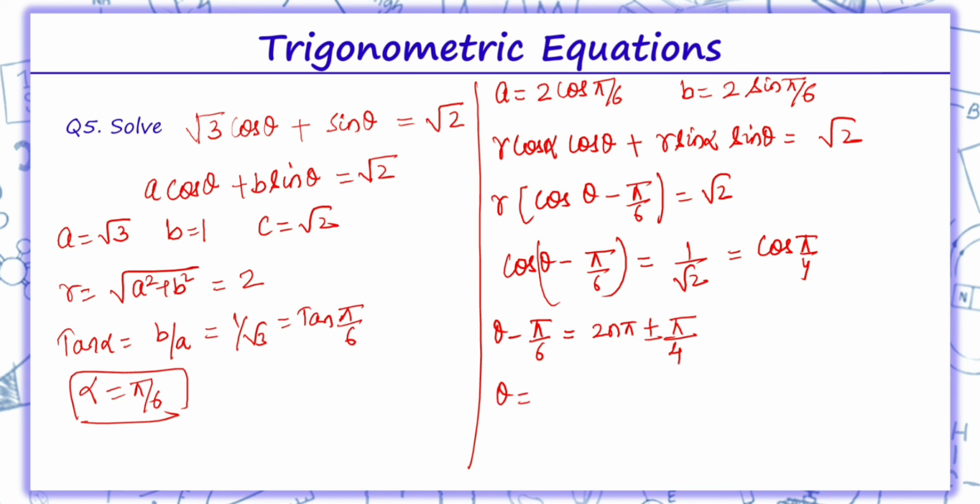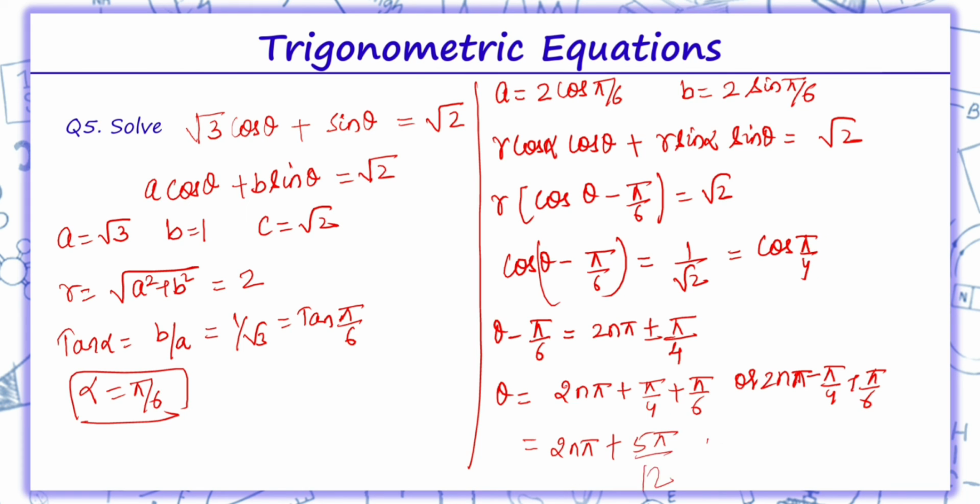Thus theta will be 2n pi plus pi by 4 plus pi by 6, or 2n pi minus pi by 4 plus pi by 6. Solving, we get 2n pi plus 5 pi by 12, or 2n pi minus pi by 12.